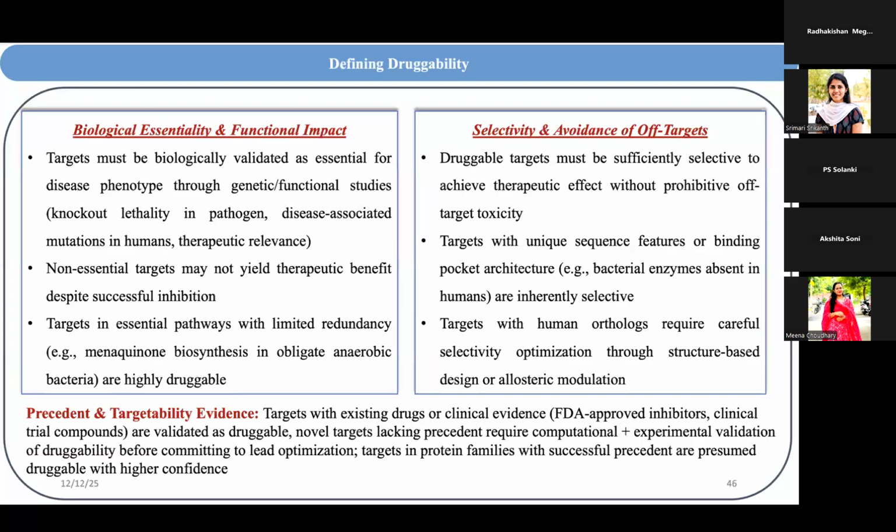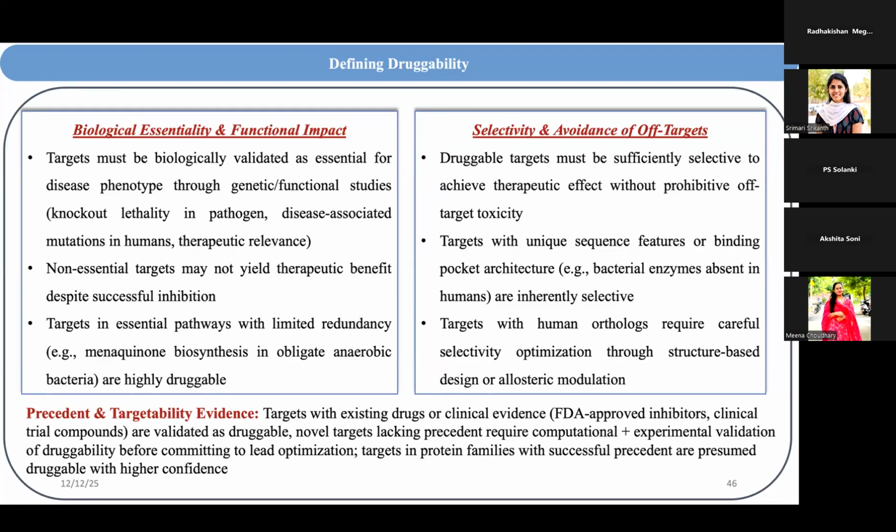The target must be essential for the disease. If knocking it out doesn't kill the pathogen or stop the disease progression, it is not useful. Targets in essential pathways are great candidates. Non-essential targets might look druggable, but will not give a therapeutic benefit.